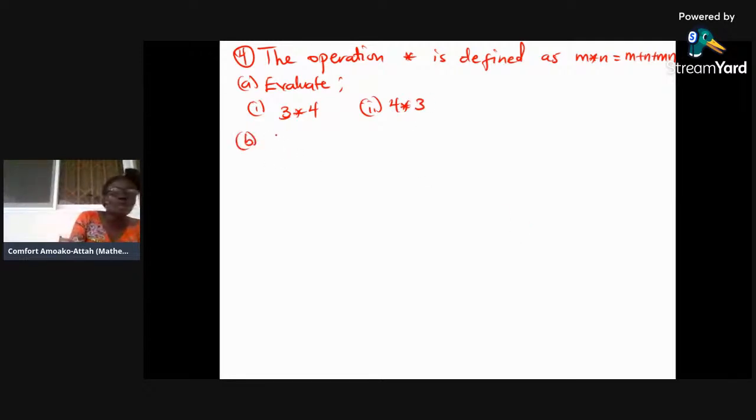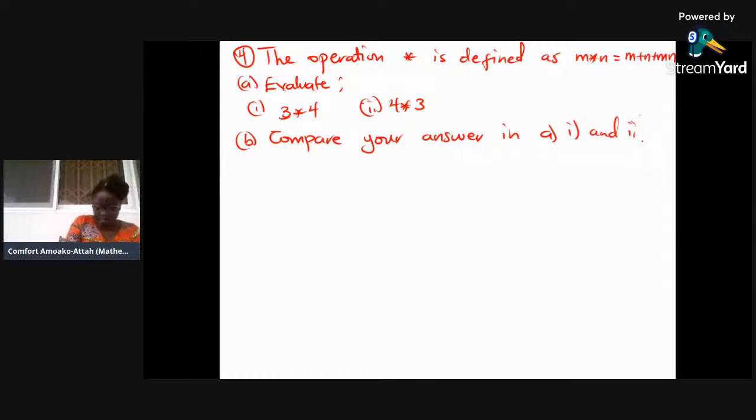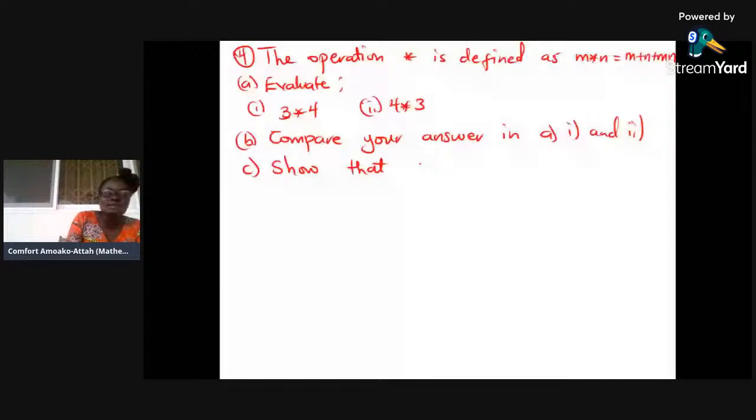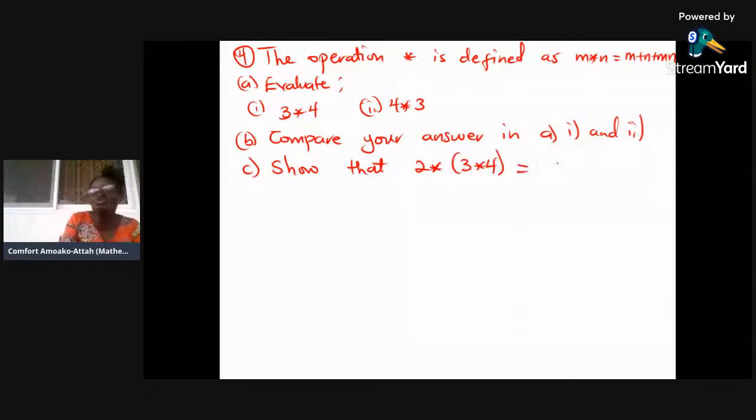B, compare your answer in A, I, and I. Okay. Then C, show that 2 star bracket 3 star 4 is equal to 2 star 3 star 4.